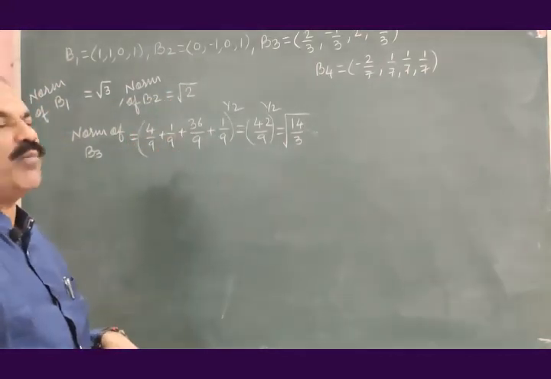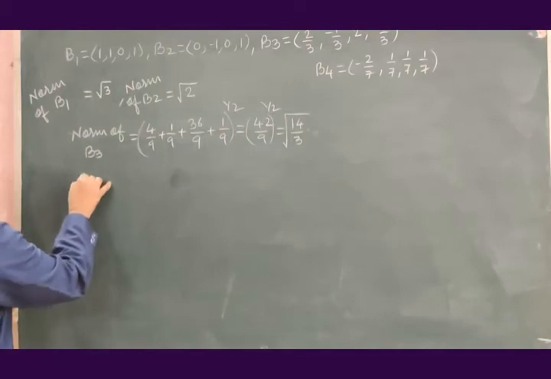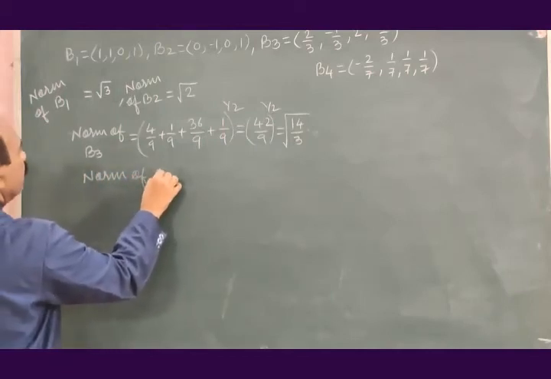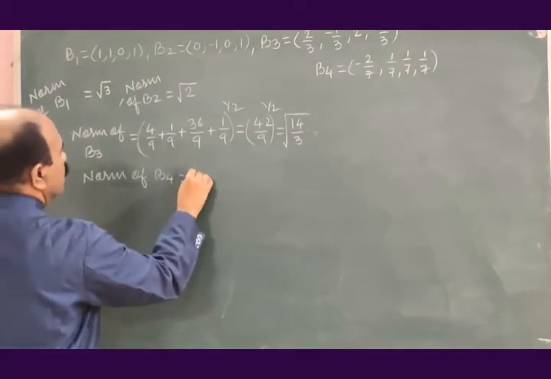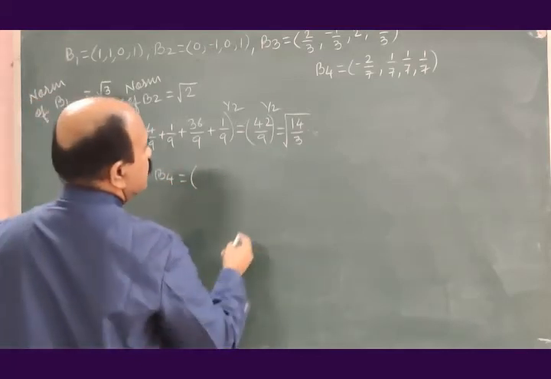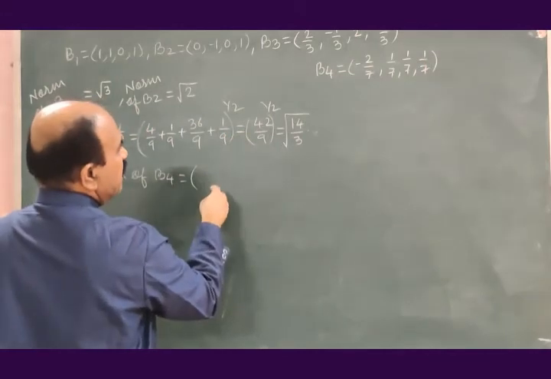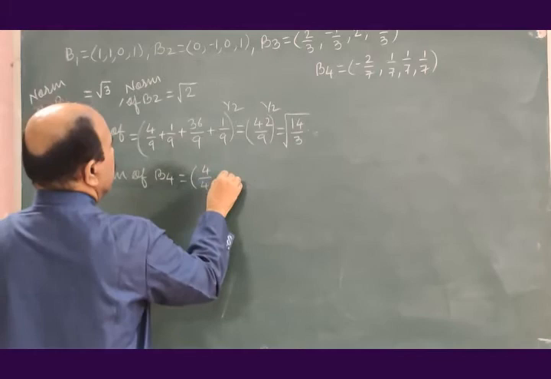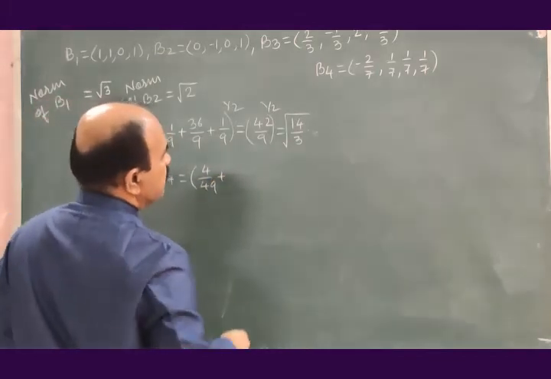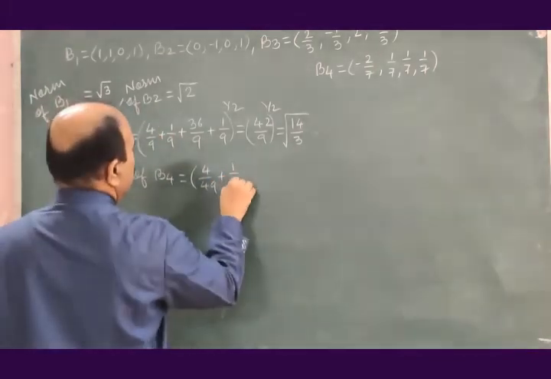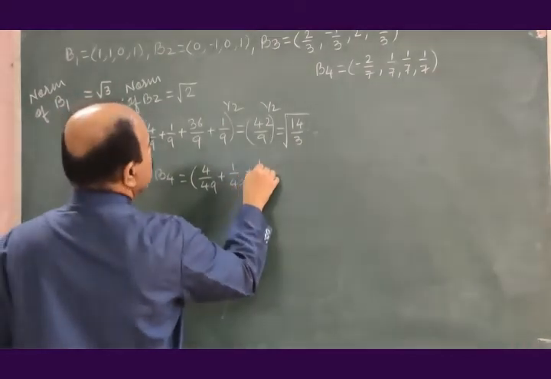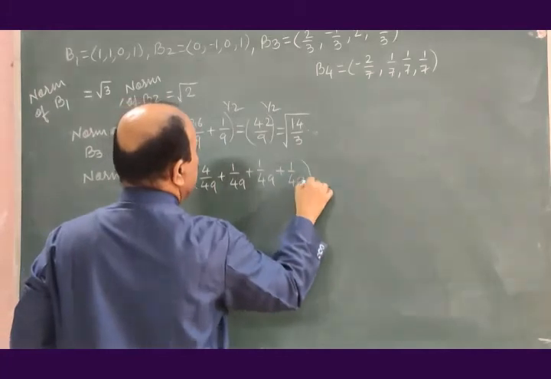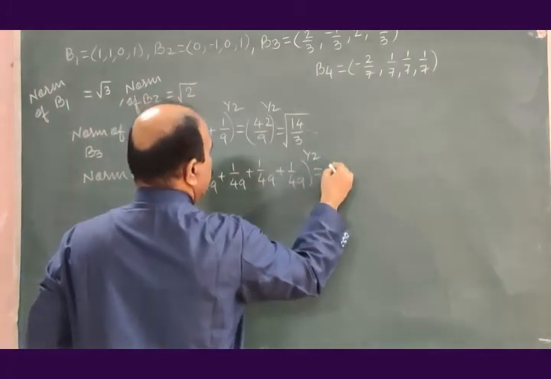Then let us get the norm of B4. The norm of B4 is equal to the square root of minus 2 by 7 into minus 2 by 7, that is 4 divided by 49, plus 1 by 7 into 1 by 7, that is 1 by 49, plus 1 by 49 plus 1 by 49, the whole to the power 1 by 2.